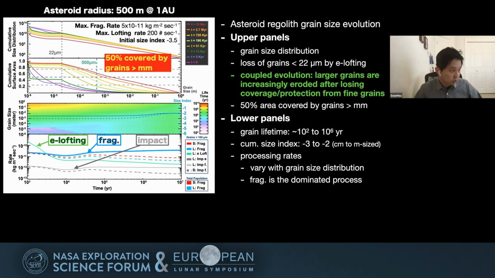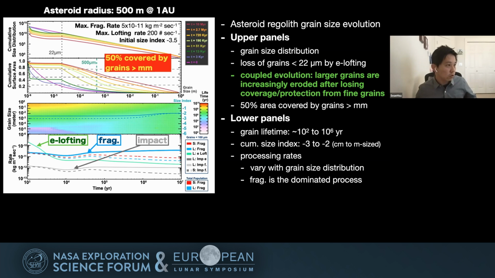That's because of the more exposure of these larger grain populations, and the more effectively they are being eroded. Therefore, by introducing the electrostatic forces, you not only change the smallest population, but you introduce this coupled size distribution evolution.